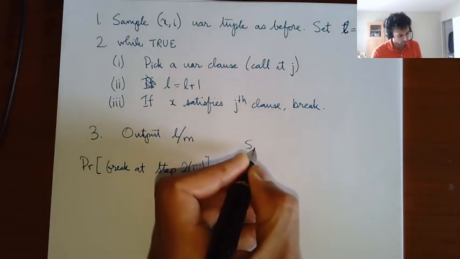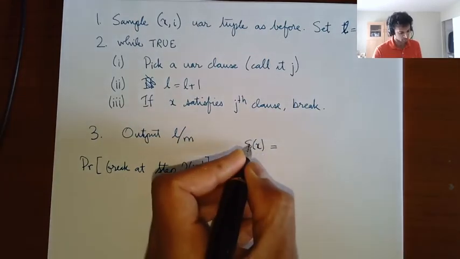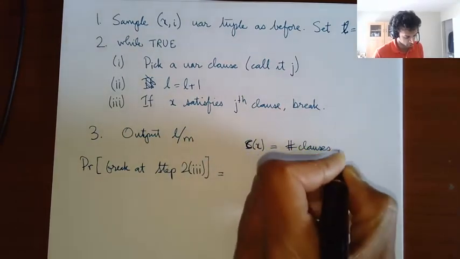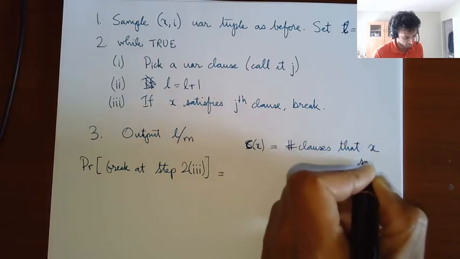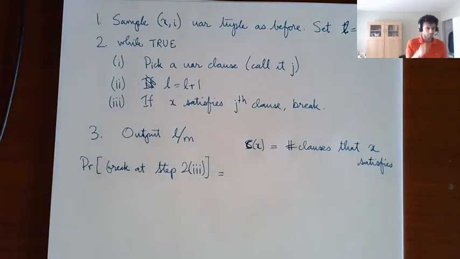Let me say C of X is the number of clauses that X satisfies. Now, is it size of Sj over B? No, you meant B.